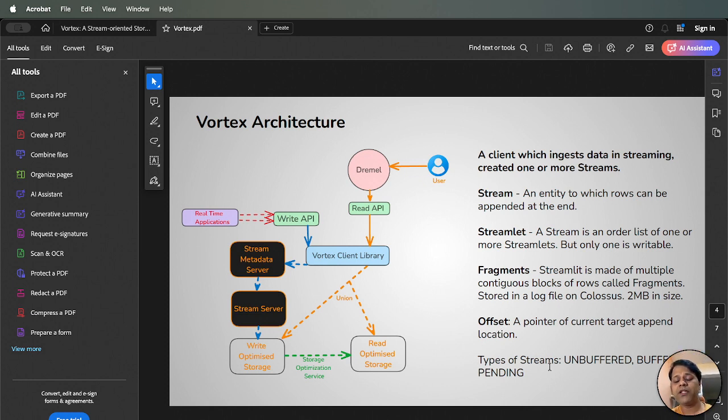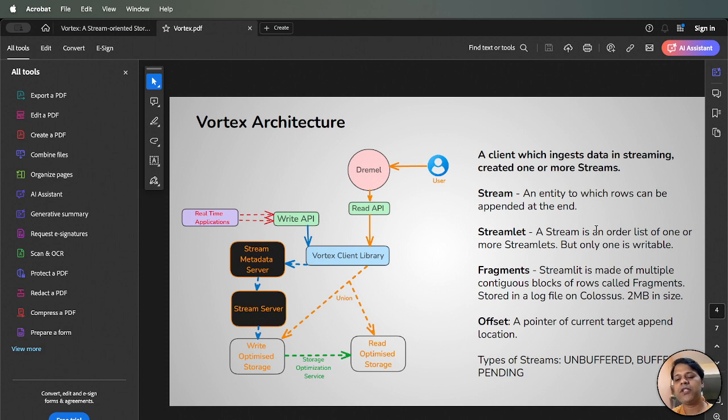Now, types of streams, just to give you a brief. Unbuffered means as and when some data is written to an unbuffered stream, it will be committed instantly. It will show up to the user very fast, as and when it is written to the stream, if we query on the Dremel side.